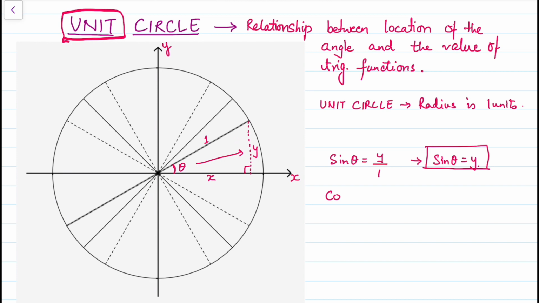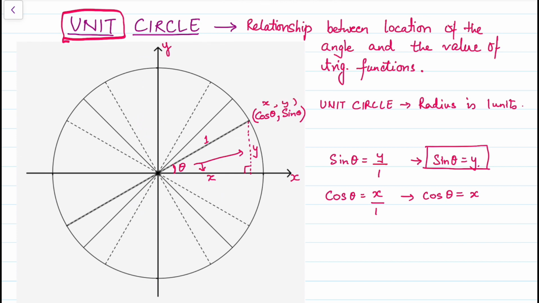And similarly we can find cos theta, which will be equal to the adjacent, which is x, over hypotenuse 1. So that gives us cos theta is equal to x, right? So at this point we can say the coordinates can be cos theta, sine theta, right? Because it is x comma y.